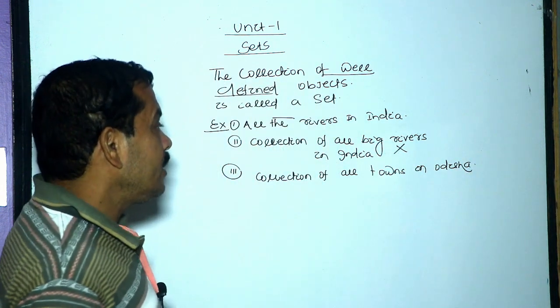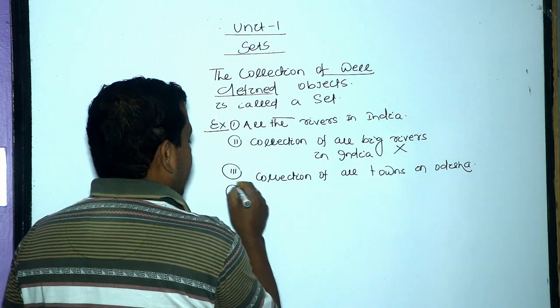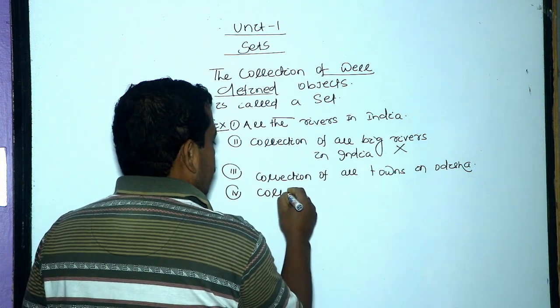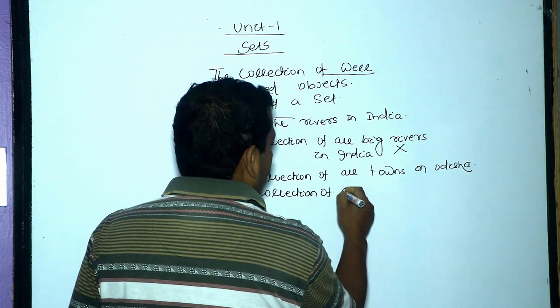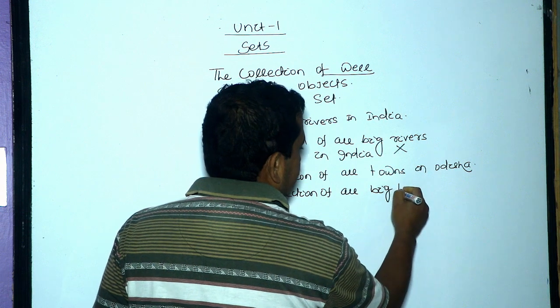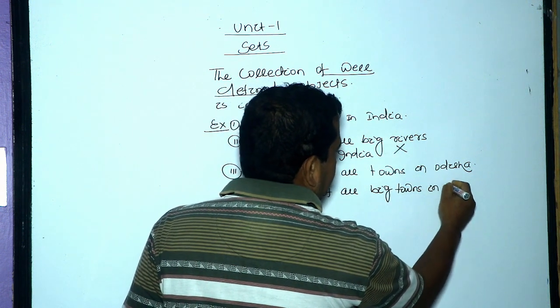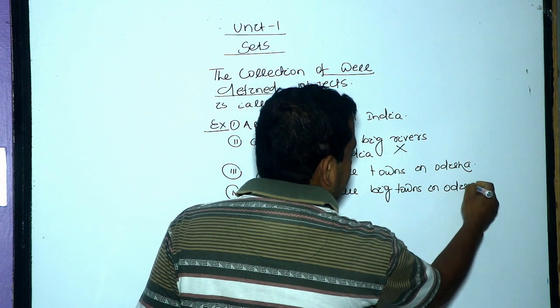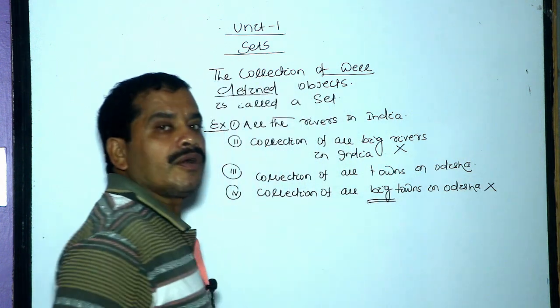All towns in Odisha is a set. But if we write collection of all big towns in Odisha, it is not a set, because the word big is not well defined.